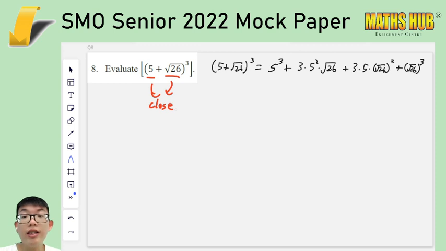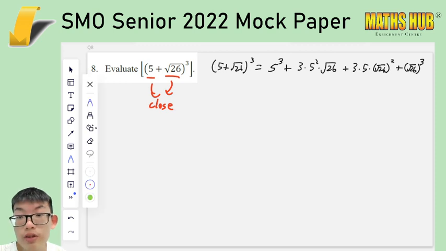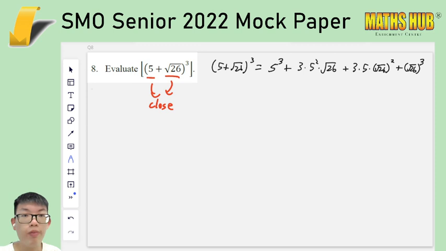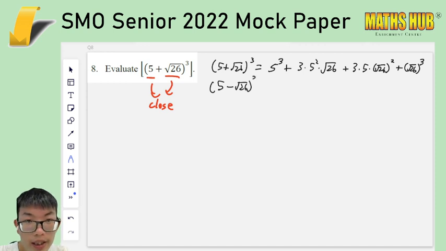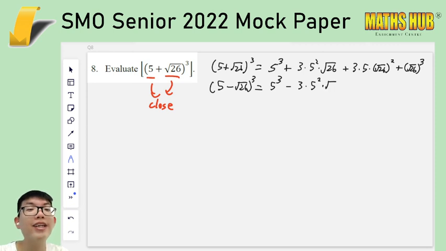Now what that allows us to do is to make use of the conjugate to help us to avoid all of the estimation frustrations. I can take the cube of the conjugate and it will be exactly the same as the cube of the original thing, except that a couple of minus signs are going to show up in exactly the places where you would like them to show up.